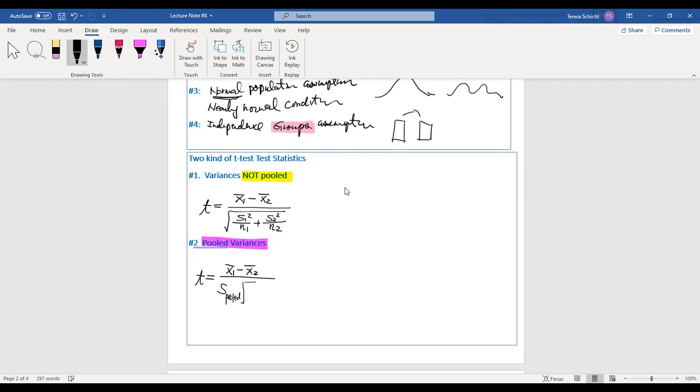And then times the square root of 1 over N1 plus 1 over N2.